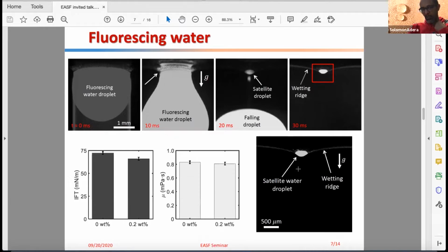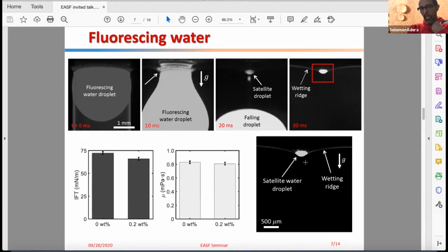A magnified image shows the satellite droplet, which is water, and the wetting ridge, the curved oil surface that surrounds the droplet. This experiment clearly indicates that the droplet left behind is water.